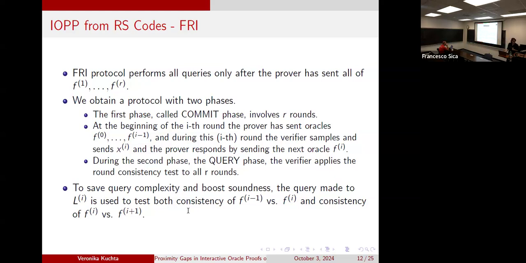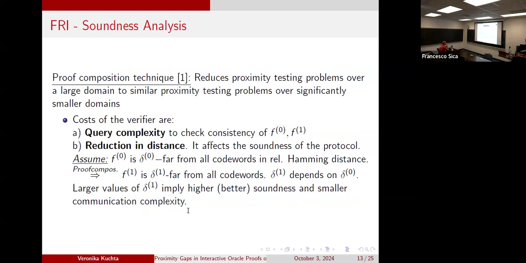To save query complexity and to improve the soundness of this IOPP protocol, the query made to Li is used to check the consistency of the two polynomials Fi minus 1 and Fi, and also the consistency of Fi and Fi plus 1. So this was the idea of the IOPP protocol for Reed-Solomon codes.